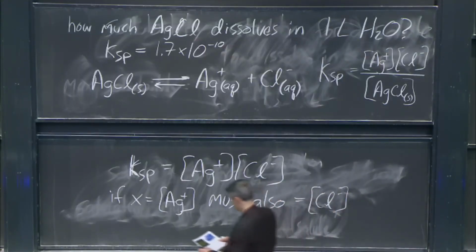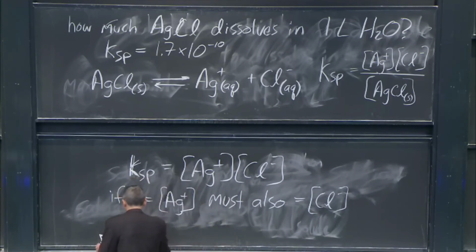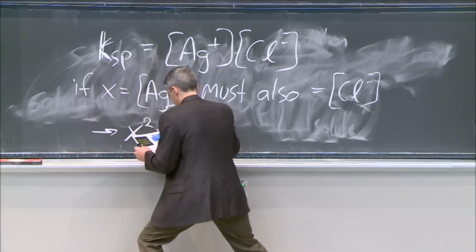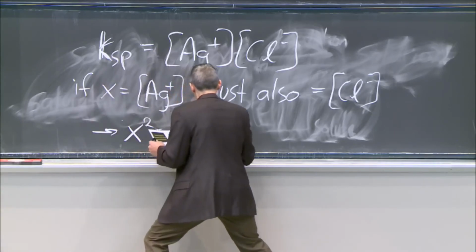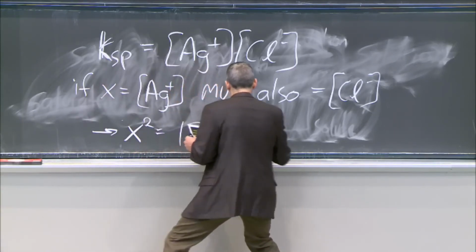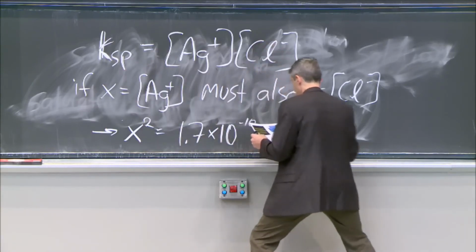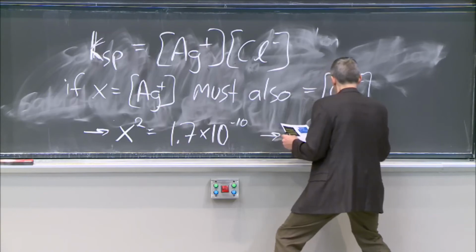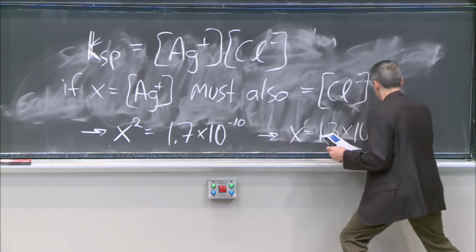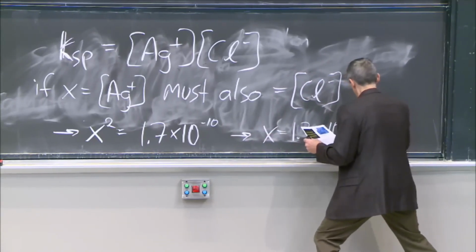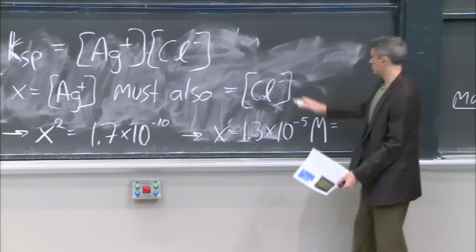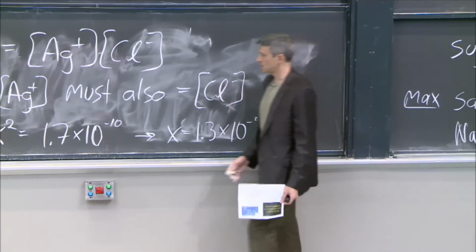And so that means now that you can solve it, because X squared is equal to 1.7 times 10 to the minus 10th, and X equals 1.3 times 10 to the minus 5th M, and that equals these concentrations, right? That equals the concentration of silver plus.